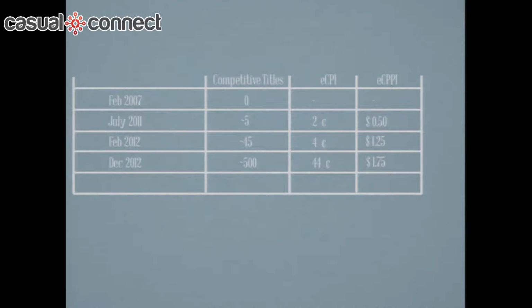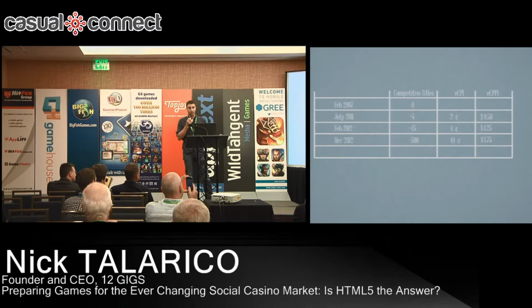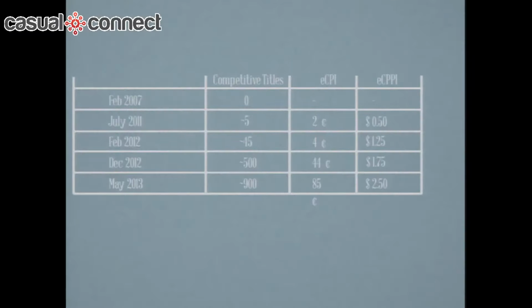It's around 1,500 if you take iOS, Android, Kindle, and Facebook. But competitive, like decent titles that you might have even the slightest chance of fearing, about 500. And the eCPI has gone up 11-fold, so 44 cents, and $1.75 effective cost per paid install. And then more recently, 900 titles, hundreds, if not thousands of titles.